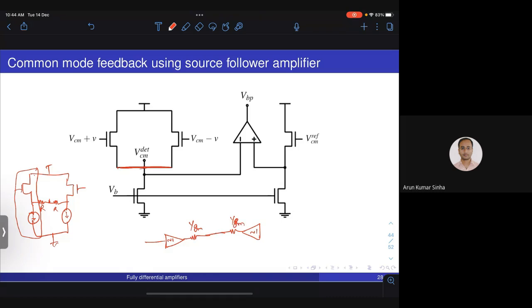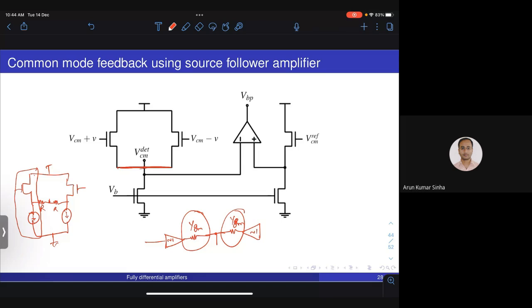Now, when I tie the outputs of these two together, basically it looks like a resistive common mode detector, but instead of having physical resistors, you are using the implicit output impedances of the two source followers. That is all that is happening here.